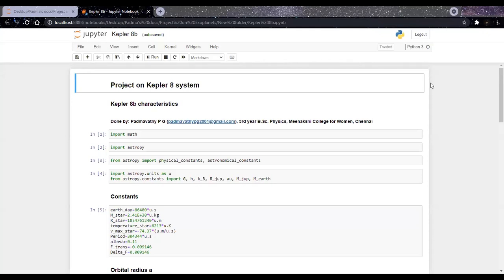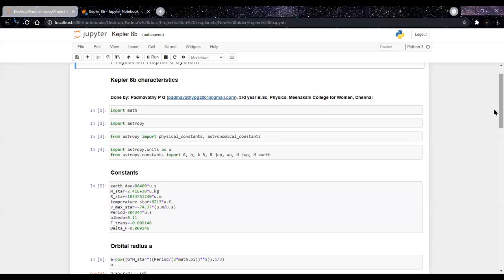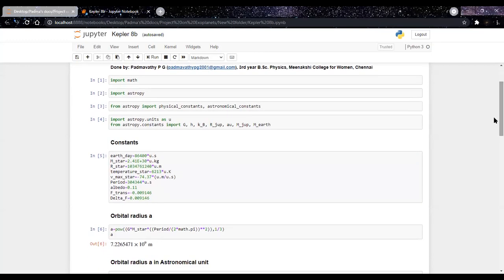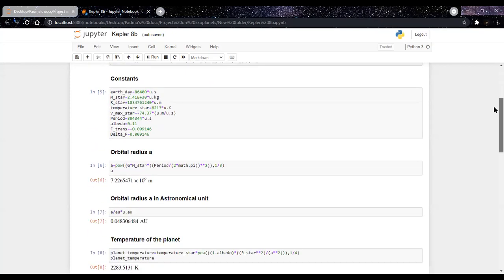First, we import AstroPy, which is pre-installed. Then we import the constants required, like the Earth day, mass of the star, radius of the star, temperature of the star, etc. Then we find out all the values and parameters of the exoplanet one by one.